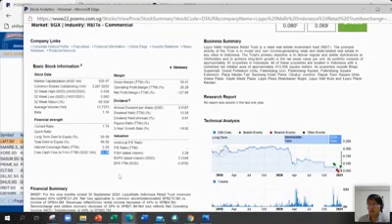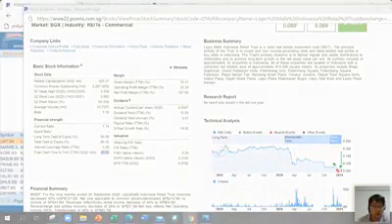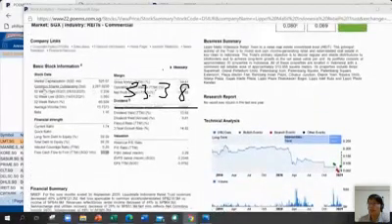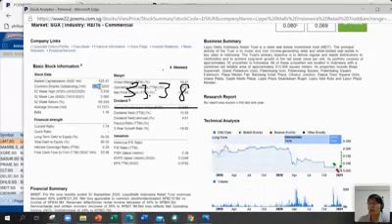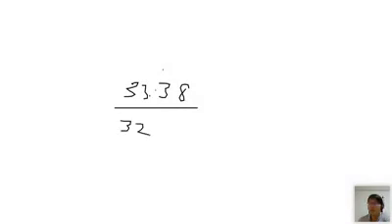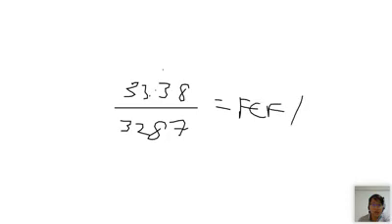So what you need to do is use 33.38 million and divide by the number of common shares outstanding, 3287. That will give you free cash flow per share.